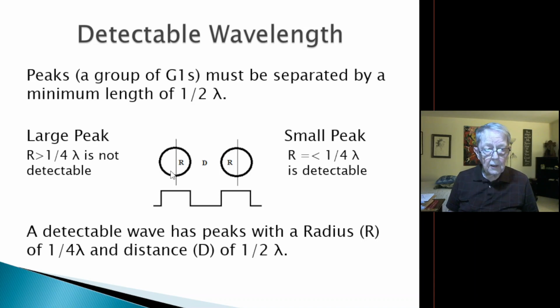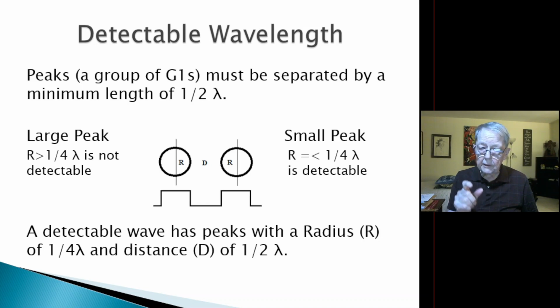If the peak is large, greater than 1/4 of a wavelength, then this peak is going to be big, and it's going to shorten the D, and this peak is going to be big, and D is going to be smaller. And I'm saying, okay, there's a peak, there's a distance between them, but it's not detectable.